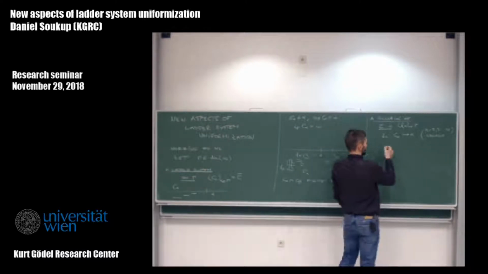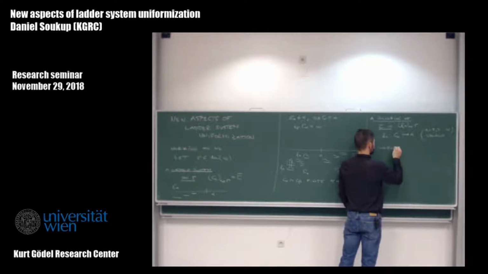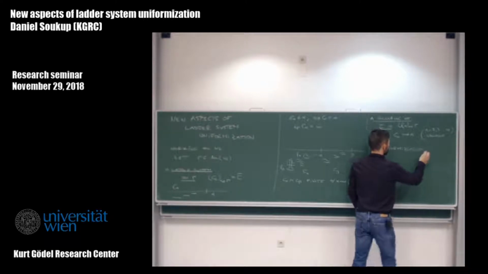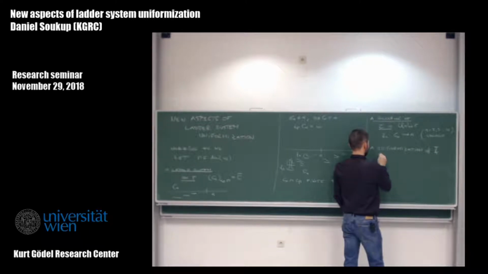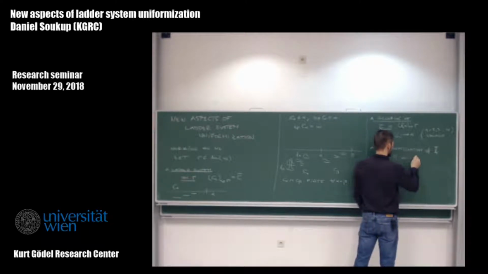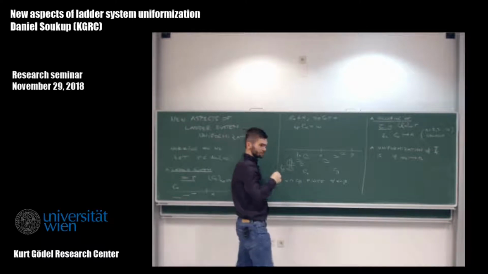Now these colorings can have uniformizations. So what is a uniformization? A uniformization of this F bar coloring is a global map phi on, say, all of omega 1, which agrees with all of these functions almost everywhere.